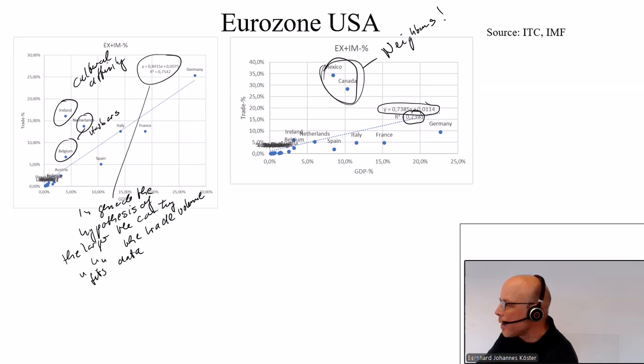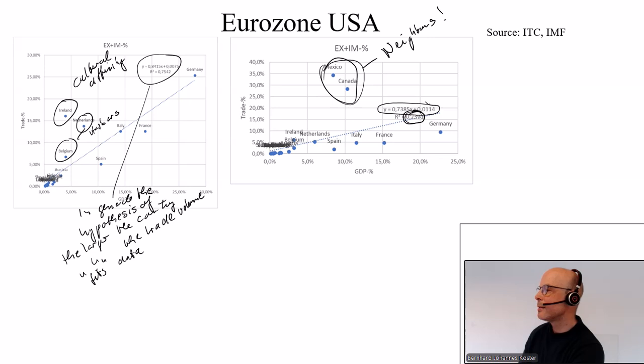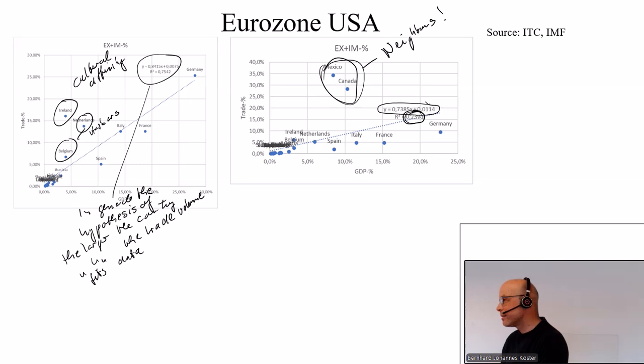We have 23 data points only, so to speak, and two very drastic outliers. They drop down the coefficient of determination, so the explanatory power of our hypothesis.